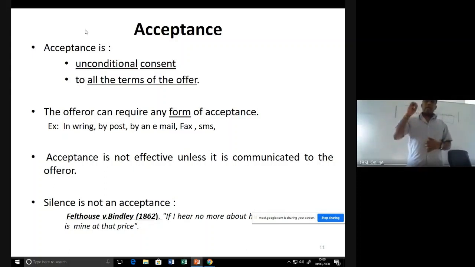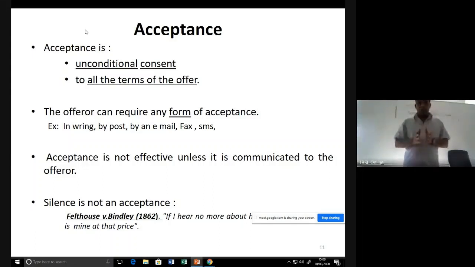If I don't hear anything from you, if you don't say anything, I consider that you like me. So I put a condition and say that if you are silent, I consider that you have accepted my offer. That is not correct as per law. That is not accepted under law. So silence is not an acceptance.